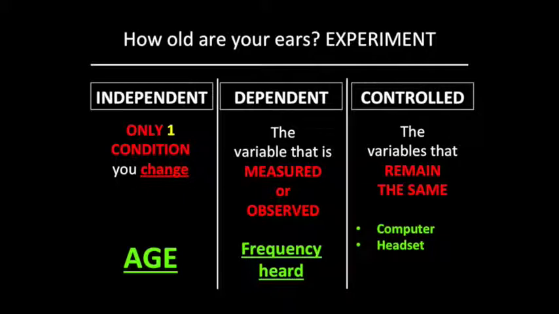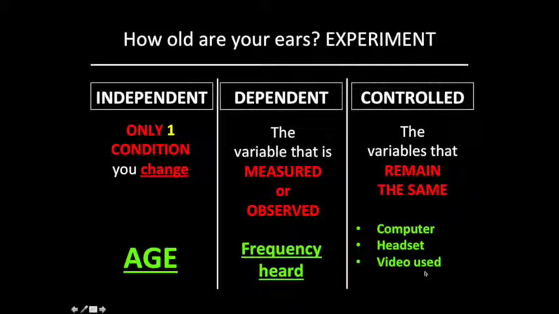What else? The headset that you use needs to be the same. Okay, you know those $5 headsets are not as good as the Beats $3,000 headsets. Okay, so if you use different headsets for your test, then it's very hard to say what frequency that person really heard. Okay, what else? The video used.